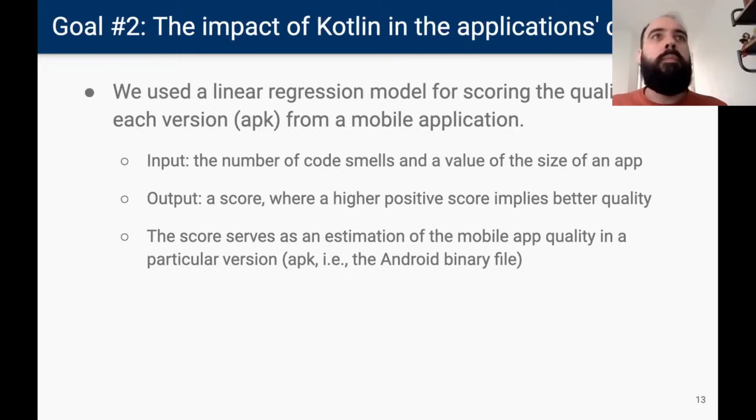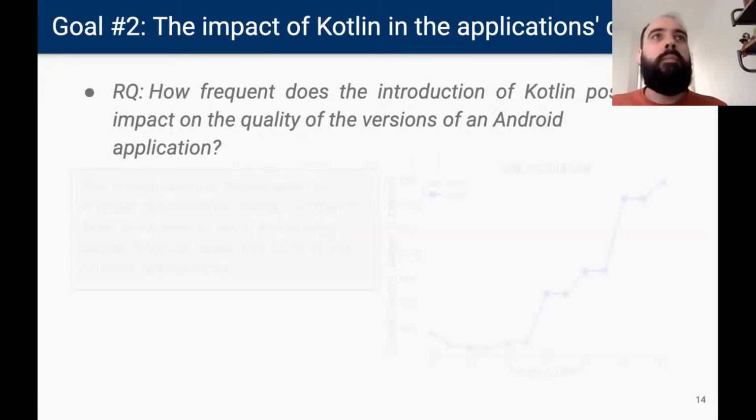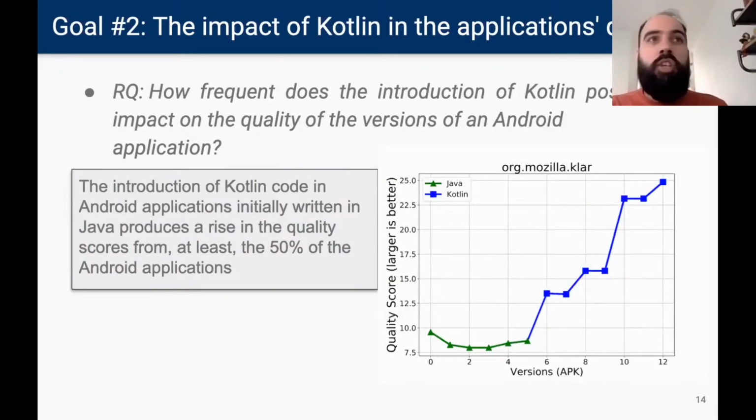We found that the introduction of Kotlin in Android applications initially written in Java produced a rise in the quality scores for at least 50% of applications of our dataset. And here in the plot, we can see an application, Mozilla Klar, where Kotlin was introduced in the 6th release, and then you can see the increase of the quality in the following versions.